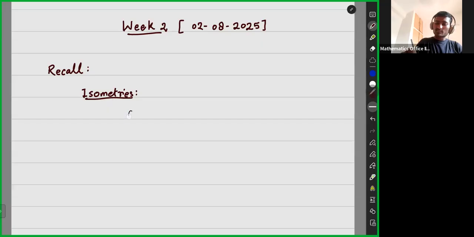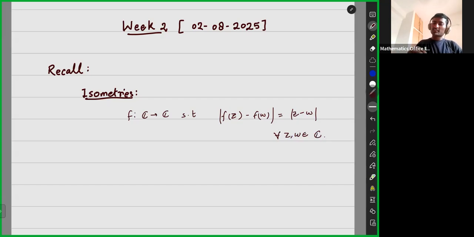So we can write f from C to C such that the modulus of f of z minus f of w is the same as the modulus of z minus w for every z.